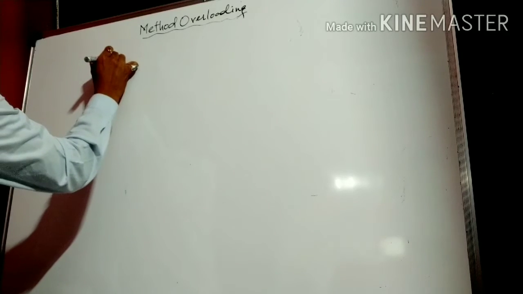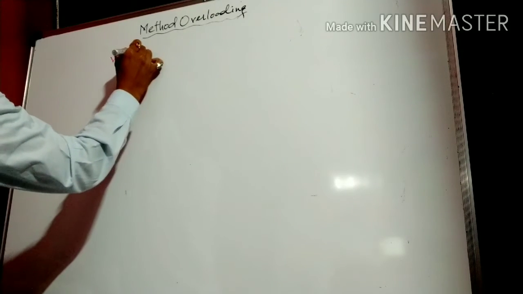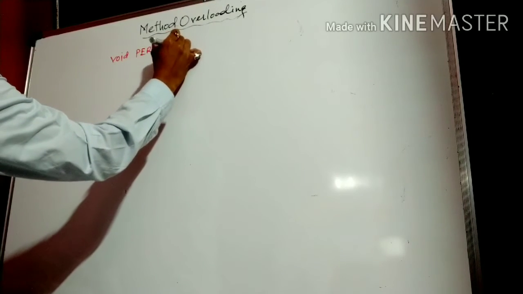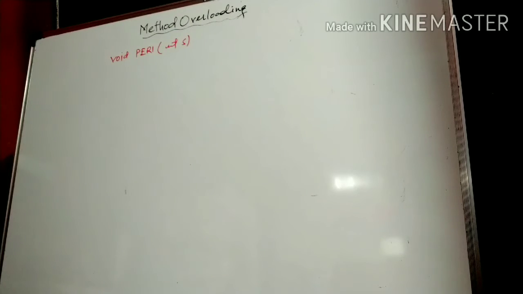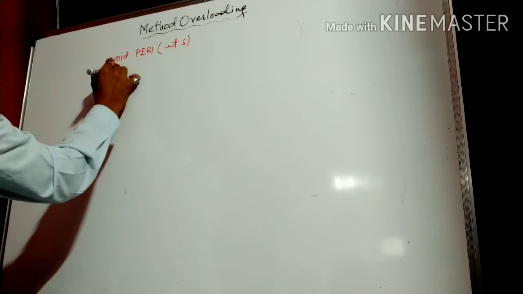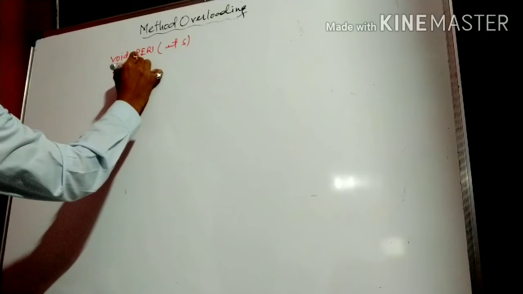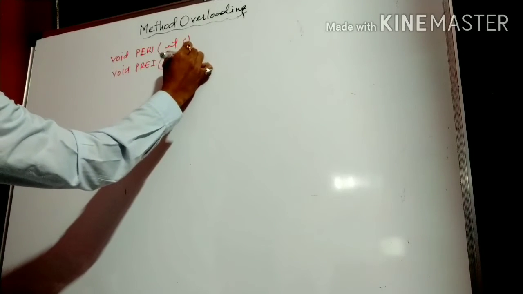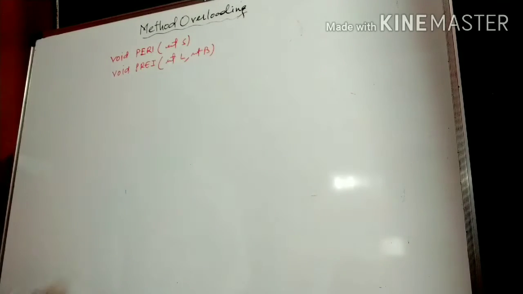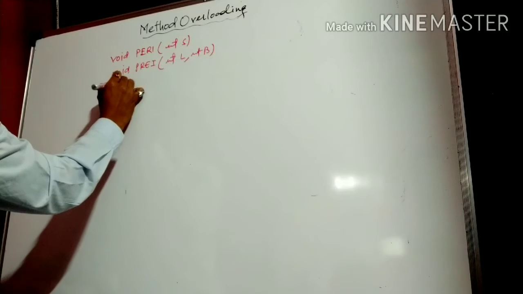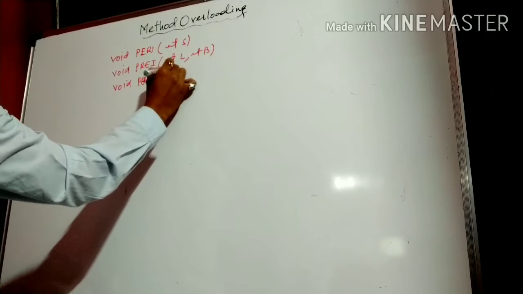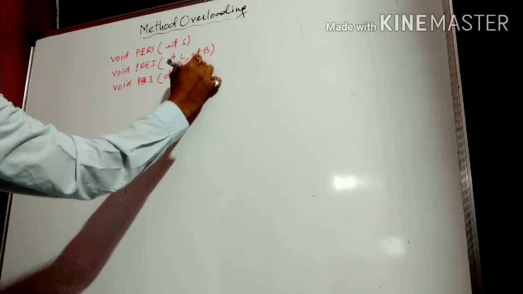So suppose here is a void PERI, this is a method name. Here is integer s. Void PERI, perimeter, with integer L comma integer B, and here is one more method, PERI, with double R.